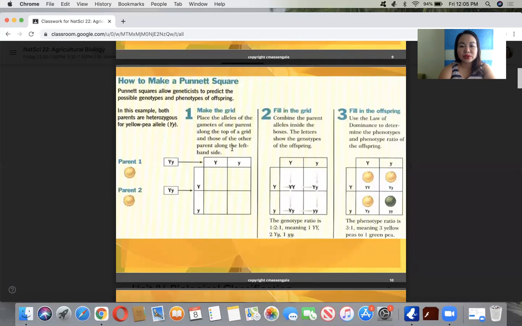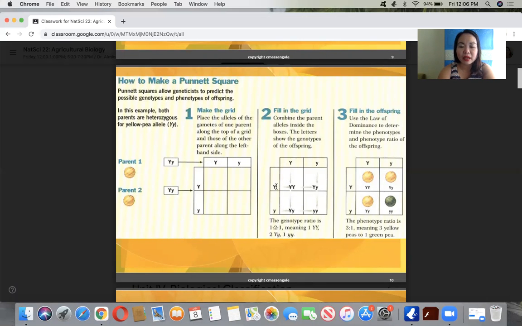Make the grid like this and place the alleles of the gametes of one parent along the top of the grid and those of the other parent along the left side of the grid. Then you fill the grid, combining the parent alleles inside the boxes. The letters show the genotypes of the offspring.